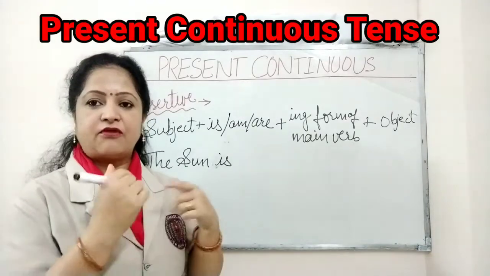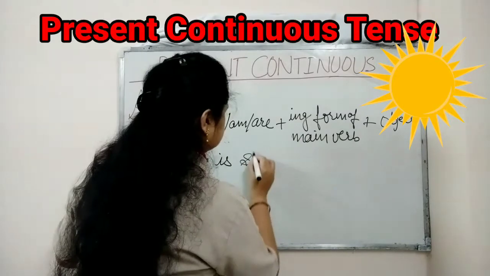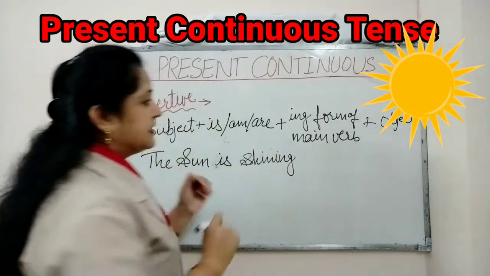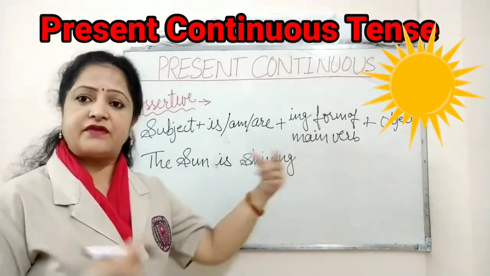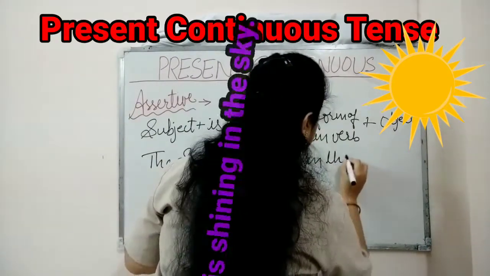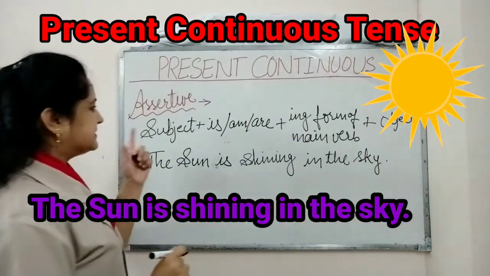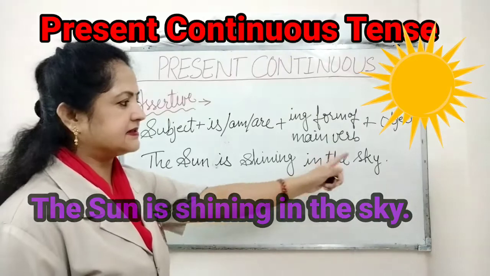The ing form of shine is shining. The sun is shining. Now the object of the sentence. The sun is shining where? In the sky. So this is the assertive form: the sun is shining in the sky.